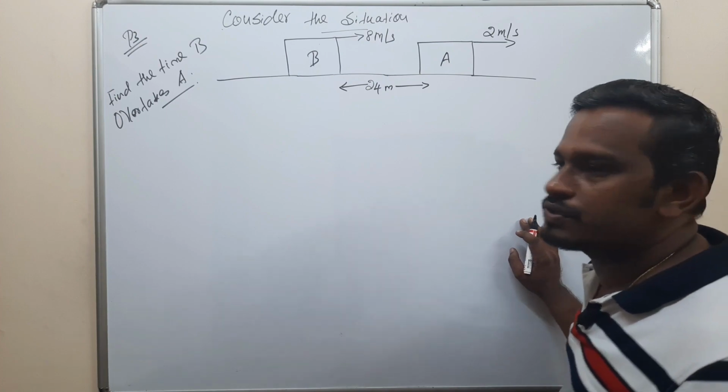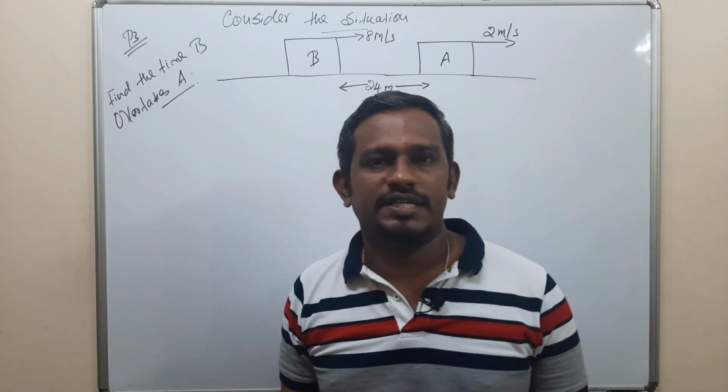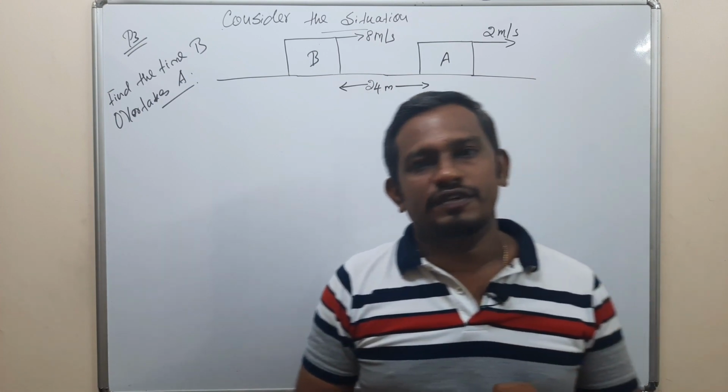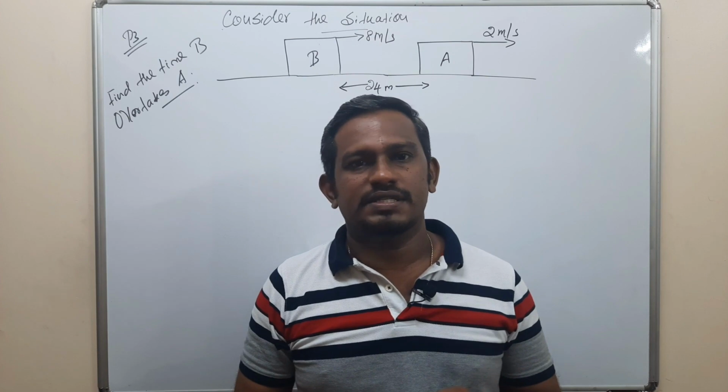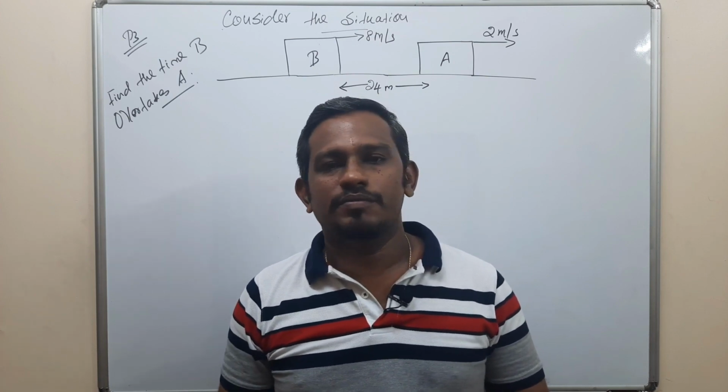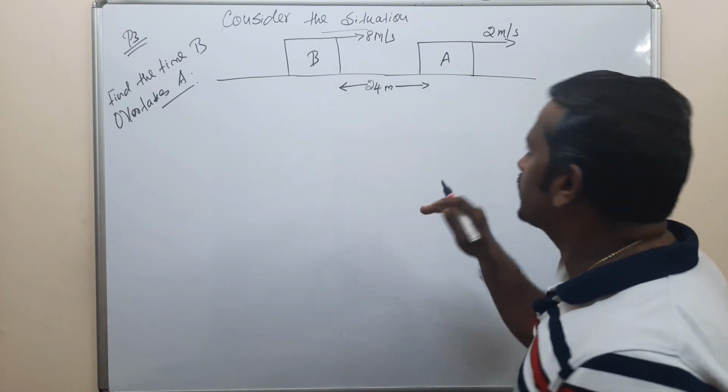We are going to solve this problem in the normal method that we have studied, using the relation of distance, velocity and time. After that we will solve the problem using the relative velocity concept.